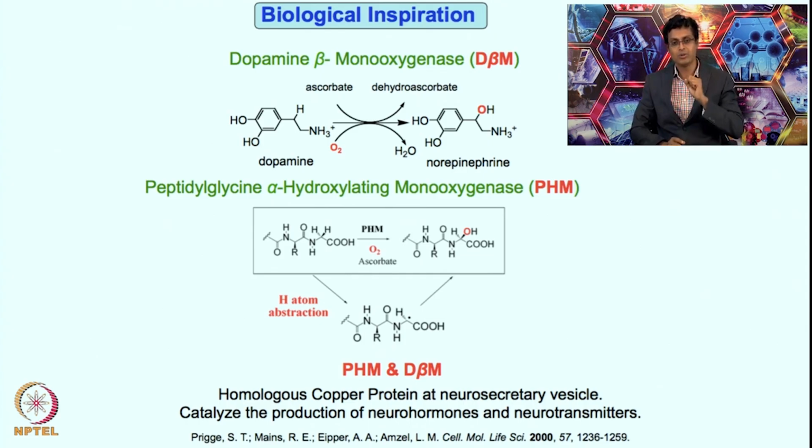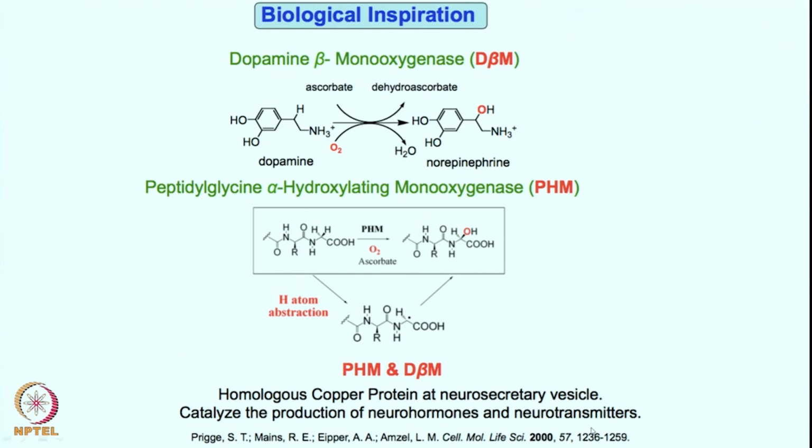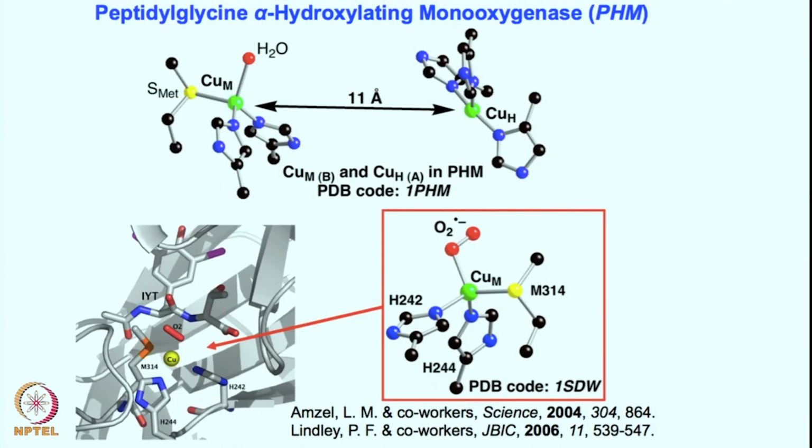Quite interestingly though, if you look at this active site, there is this dinuclear or 2 copper center, yet only 1 copper center is doing the chemistry. Okay. So, both of them catalyze production of neurohormones and neurotransmitters, which are quite extensively studied and quite important. So far we have understood that, right.